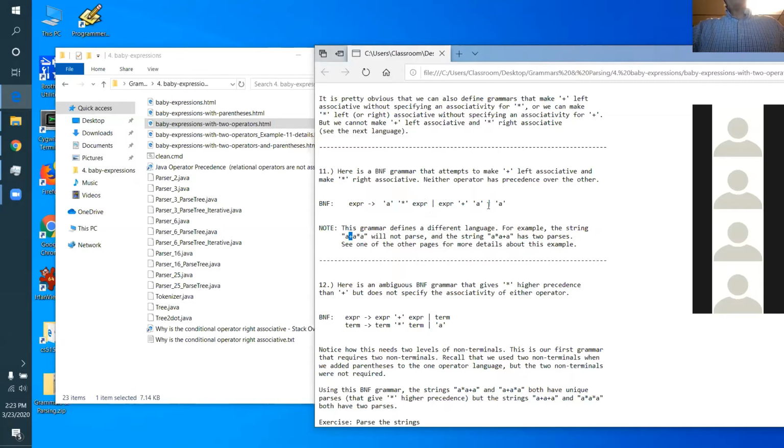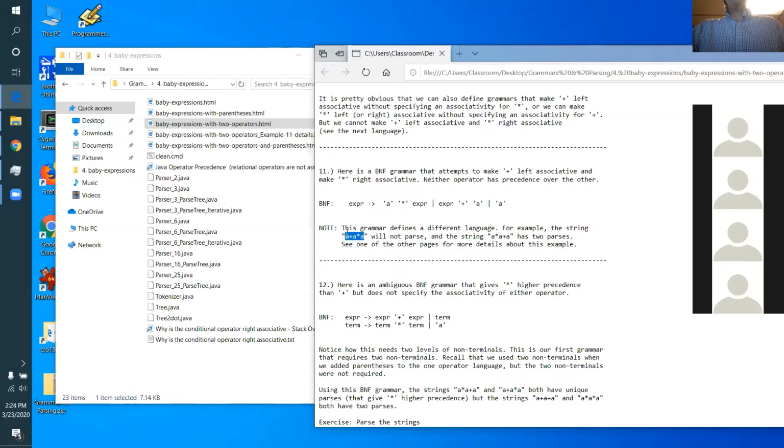So if we try to match this, we would have to match that A with expression, that plus with this plus, that A with that A, but then we fail because there's stuff left over that didn't get matched, so this thing did not parse. So no matter what we try, we can't parse it with this, we can't parse it with this, and we can't parse it with this.